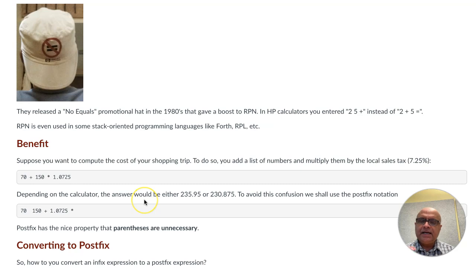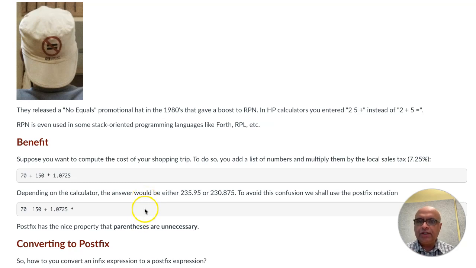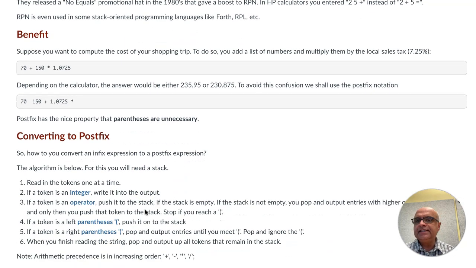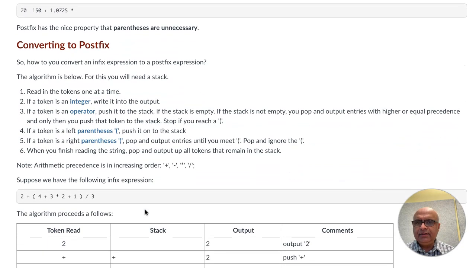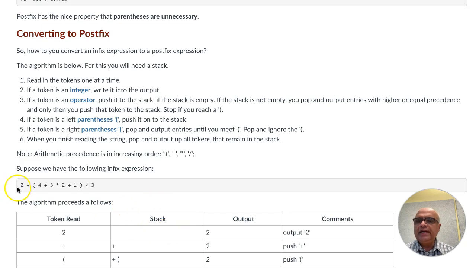There is an algorithm for this, an approach to this, and it uses a stack, right? At the very high level, you would have your expression made up of numbers and operators and parentheses, right? And you would process them.